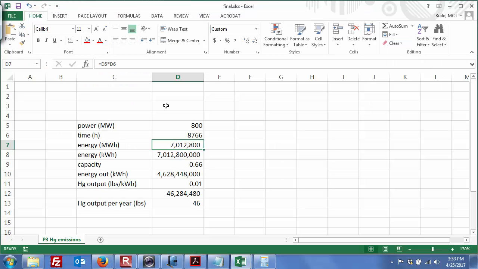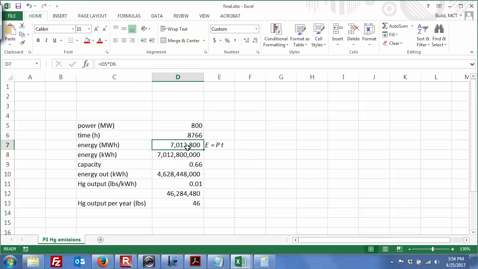Okay, so I'll show you one way to do it, then I'll show you another way. So here's the power, and this is nothing more than E equals P times T. Energy is power times time. Okay, you took your steps a little differently. Yeah, there are other ways to do it.